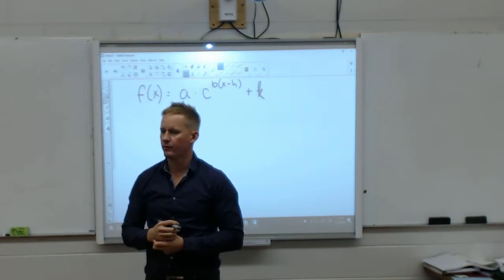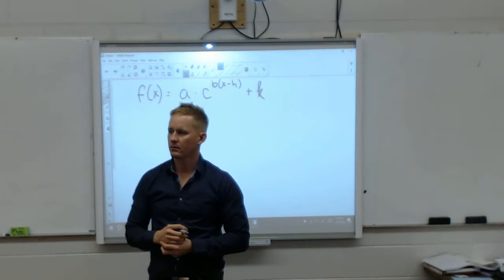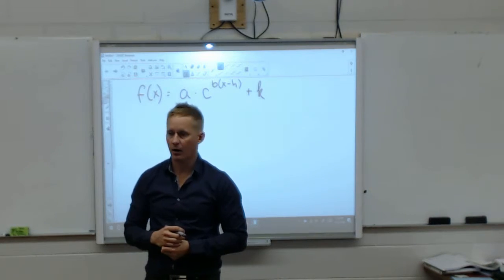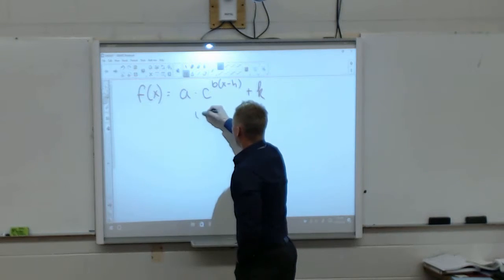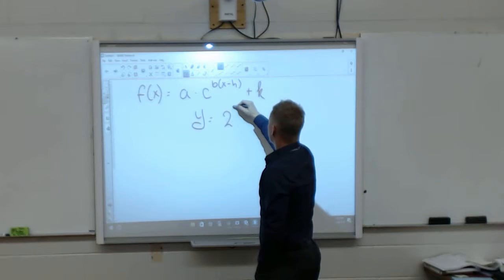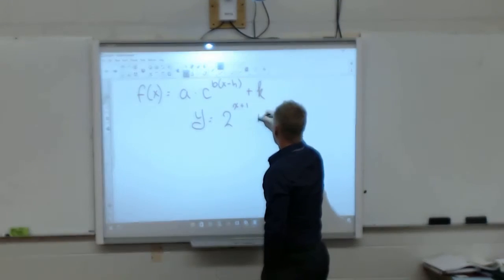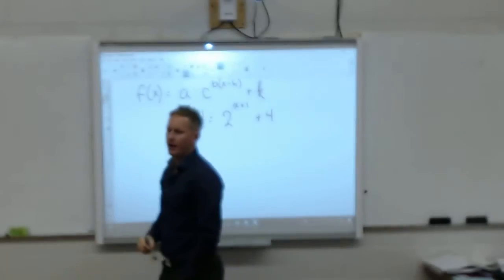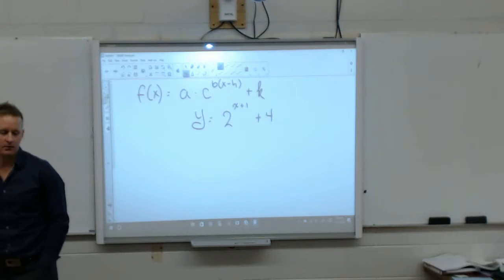Which way is it going to move? Left 1 and up 4. Okay, so that graph, we would move that 4 to the other side by adding it, so it actually moves left 1 and up 4.